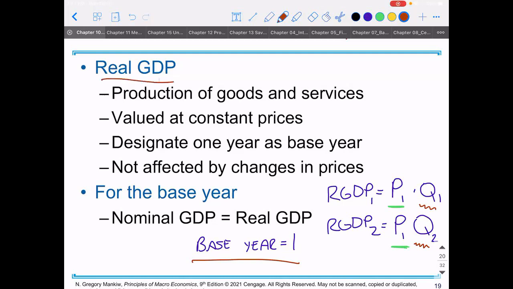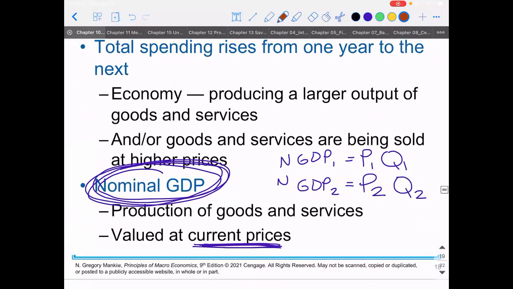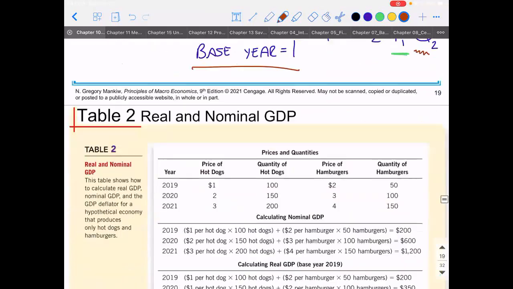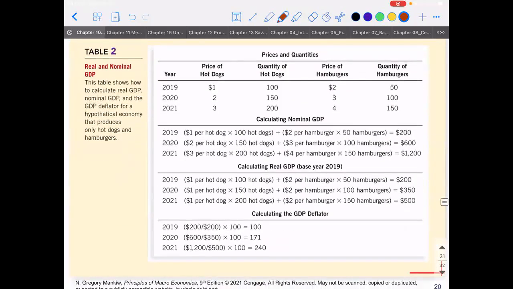But as real GDP points out here, you've got constant prices not affected by changes in prices. Whereas here, nominal GDP could go up because price is changing, but it could also be going up or down because the Q is changing. And generally speaking, if you're looking at GDP, you really are looking at whether Q is changing. You don't care as much about whether price is changing.